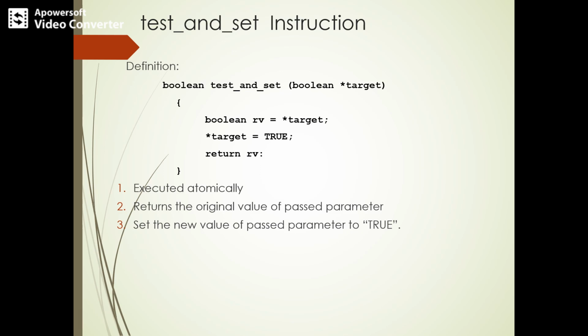So whatever the target value may be, it is set to true, and you return the original value. This is the definition of the test and set instruction. It is executed atomically without any interruption, and returns the original value of the passed parameter, but it sets the new value of the parameter to true.